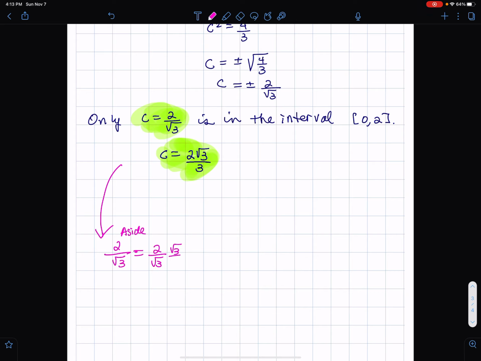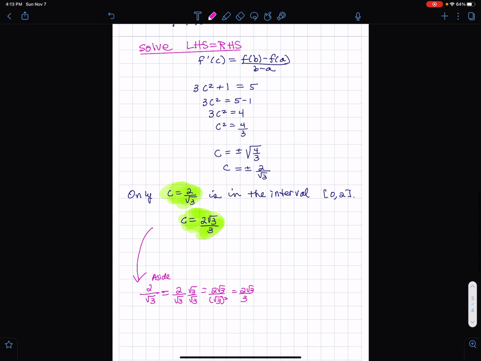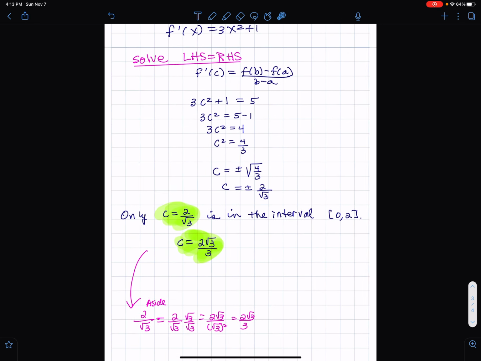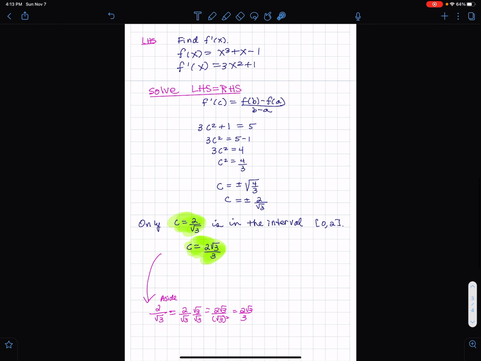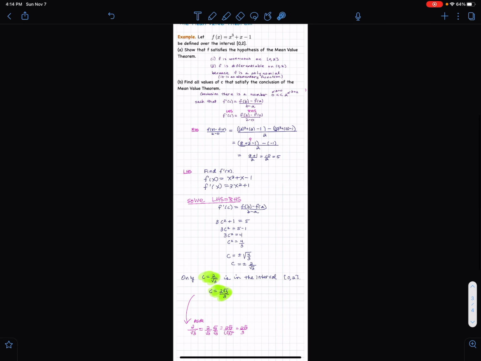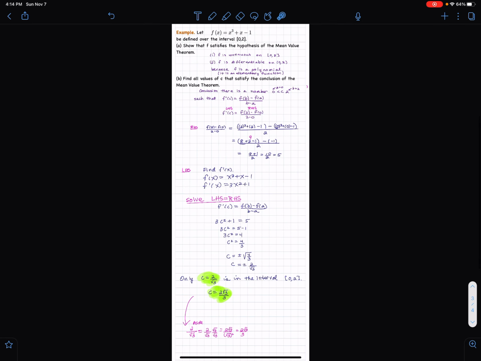Okay, anyway, 2 rad 3 over 3. Either one, those are equal to each other. You see this example in almost every single beginning calculus book. All right, thank you. Goodbye.